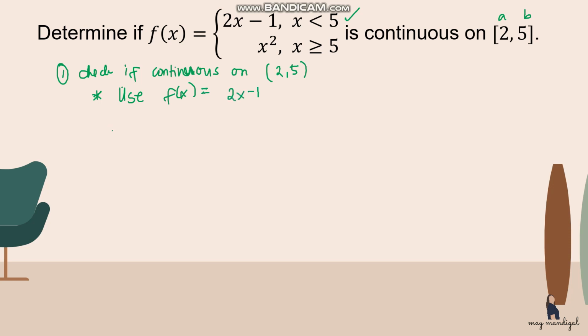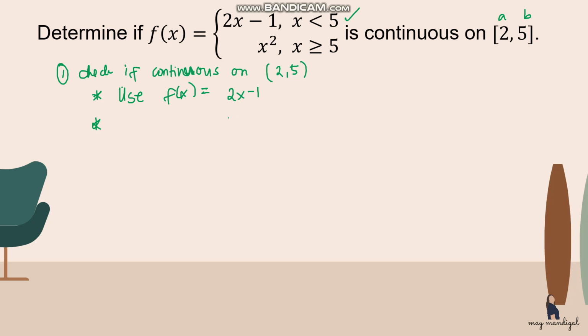Now, we have to check, will it be continuous for all the values in our given interval for this function? Since this is a linear function, anything that you substitute here, you will get a particular value. Because again, it's linear, the domain of a linear function is the set of all real numbers.